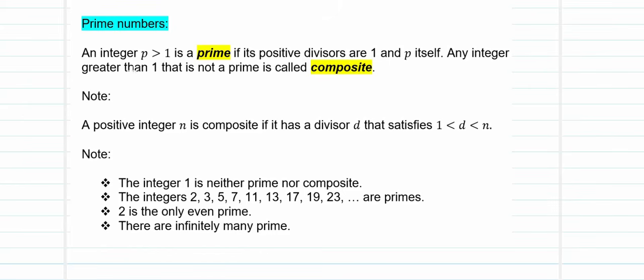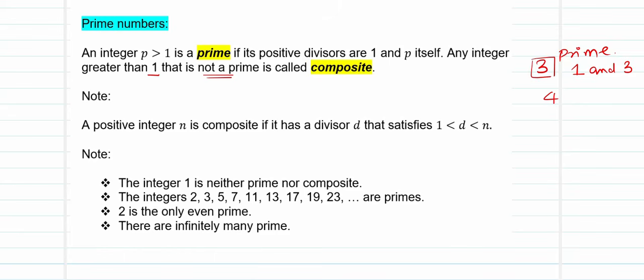Any integer which is greater than 1 but which is not a prime is referred to as a composite number. Take the case of 3, which is a prime number, because 3 is divisible by 1 and 3 alone. Hence, you call the number 3 prime.